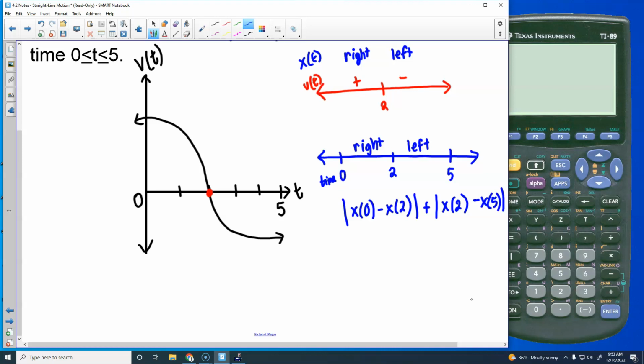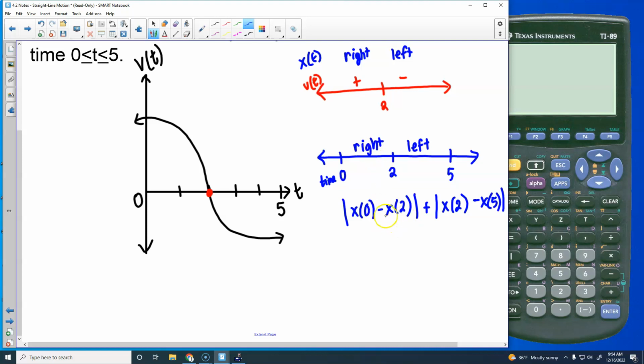But I'm going to tell you that when you see this problem multiple choice, it's not going to have absolute value bars. So if we don't have absolute value bars, that means we need to arrange this so that we'll get positive numbers. So if we were moving to the right, x of 0 and x of 2, which one's bigger? 2, right? Because we're moving to the right, which would give us further positive over here.